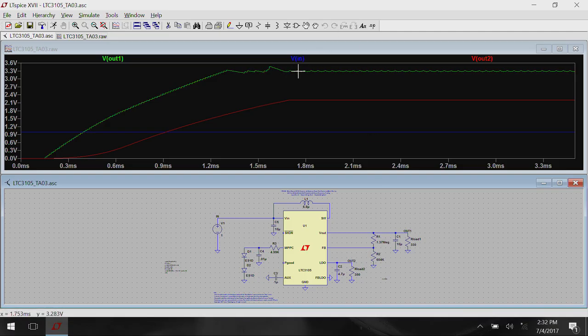Once you get 3.3, how do you know you are going to get 3.3? Because this power good signal is going to tell you that the output will go to 3.3 very soon. After this ramping up period, it will go to 3.3 and stabilize.